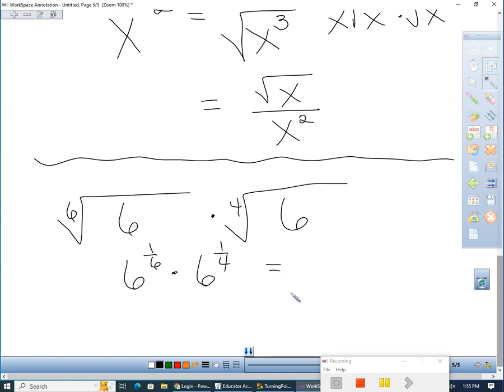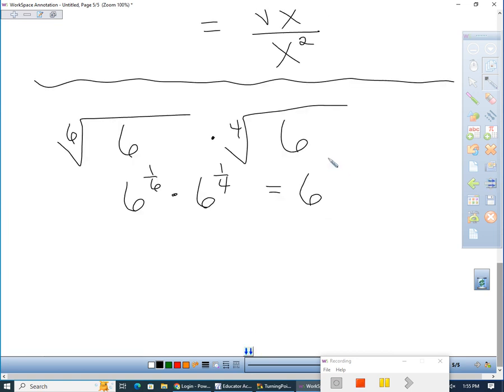Do I have the same base? Which means I can keep the base and do what with my exponents? 1/6 plus 1/4. Oh my goodness, guys. I agree we can go to 12.